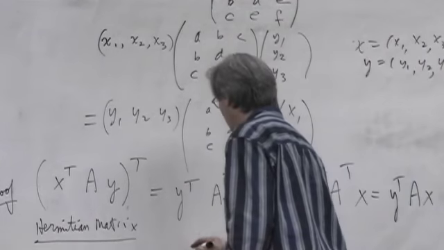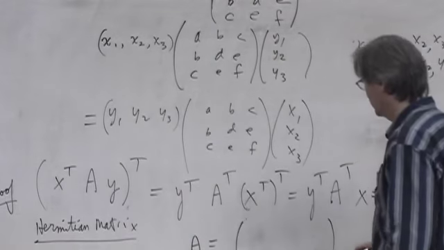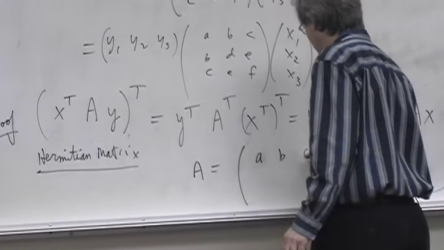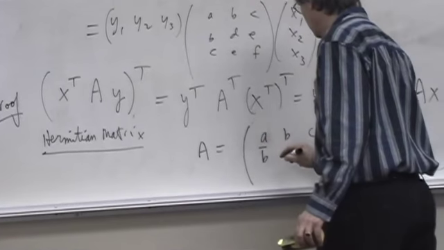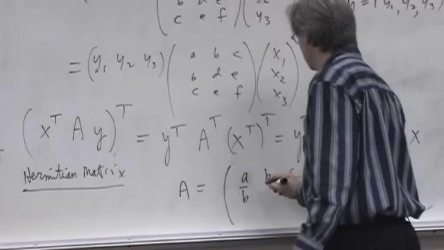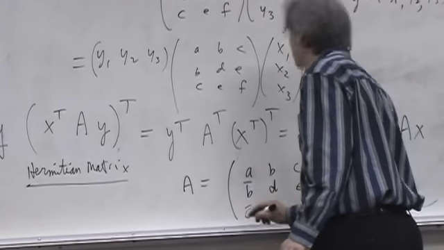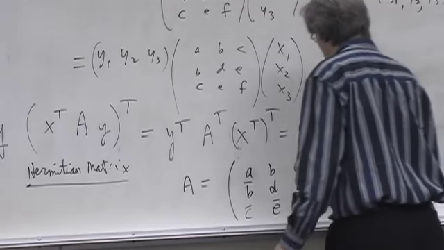Now I'm going to take A equals its transpose and complex conjugate, which has got to be the same. So A star. So now I'm going to take A, B, C, start the same way, but now B conjugate, D, E, C conjugate, E conjugate, F.